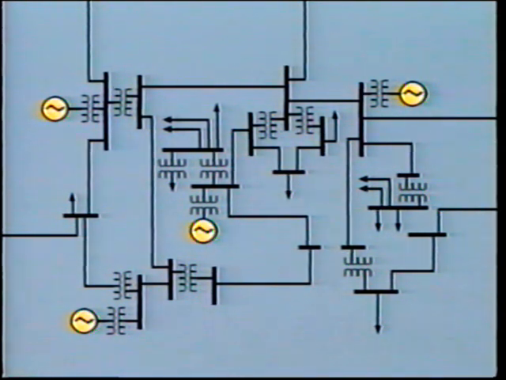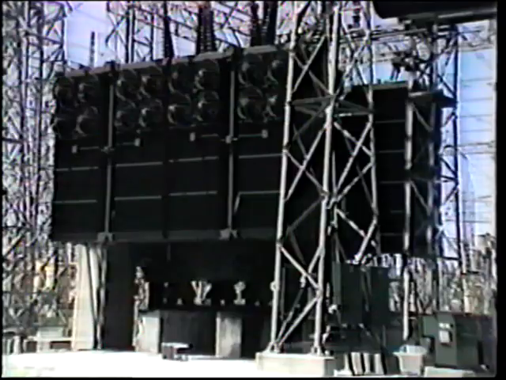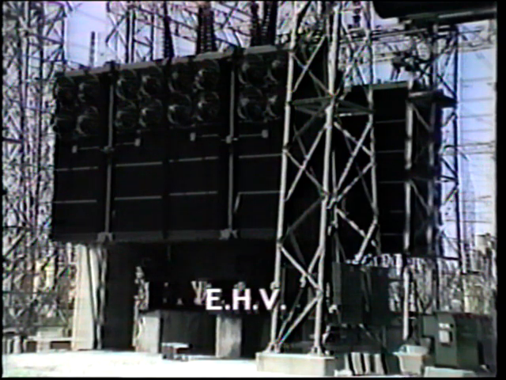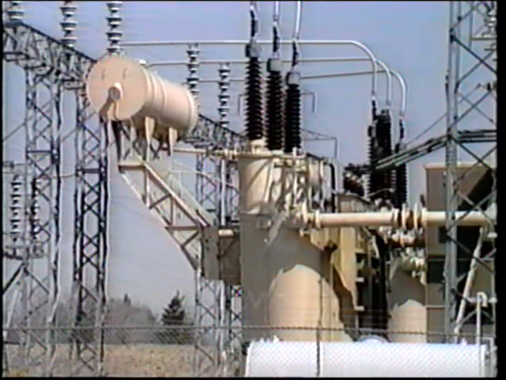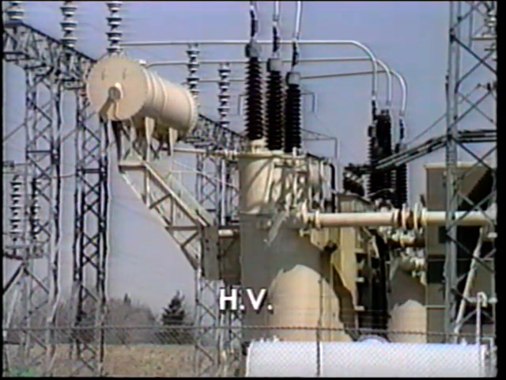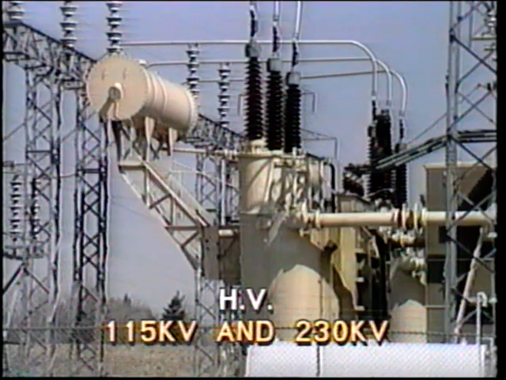As a general rule, most utilities find that they can adequately monitor the system by installing recording machines at every station in the extra high voltage range, that is 345 kV and above, every other station in the high voltage range, such as 115 kV and 230 kV.